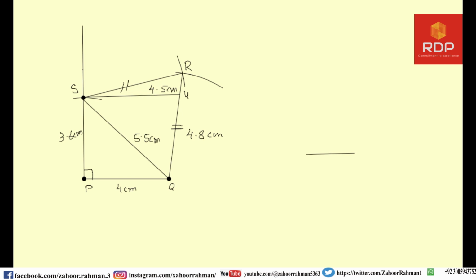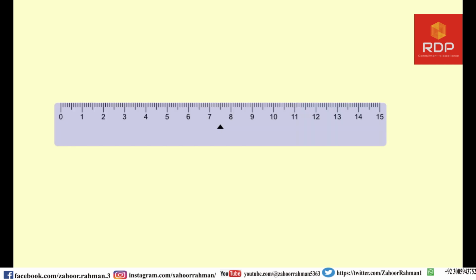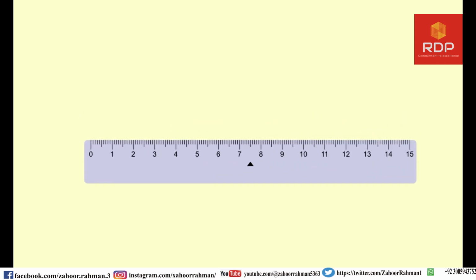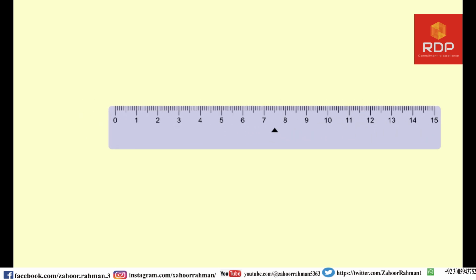Now we are turning our focus to the next question, and that is the final question for today. Construct a square PQRS. First of all, we have to draw a line of 9.